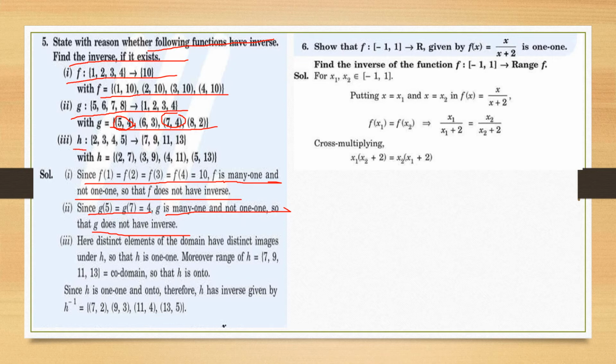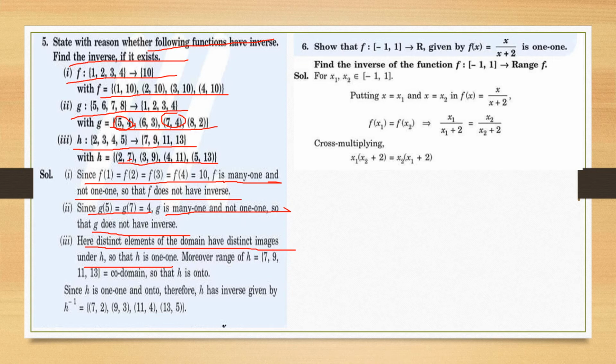The third part is H, mapping from 2, 3, 4, 5 to 7, 9, 11, 13. At 2 it is 7, at 3 it is 9, at 4 it is 11, at 5 it is 13. So we get distinct elements of the domain have distinct images under H. So the function is clearly 1-1. Now see the range.